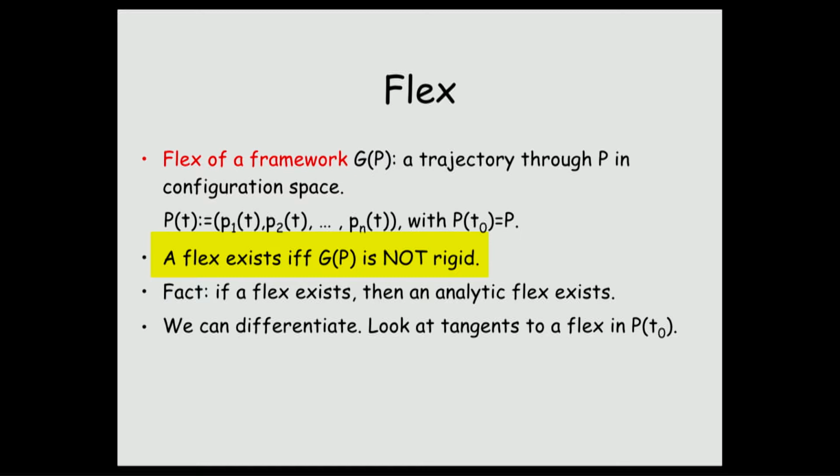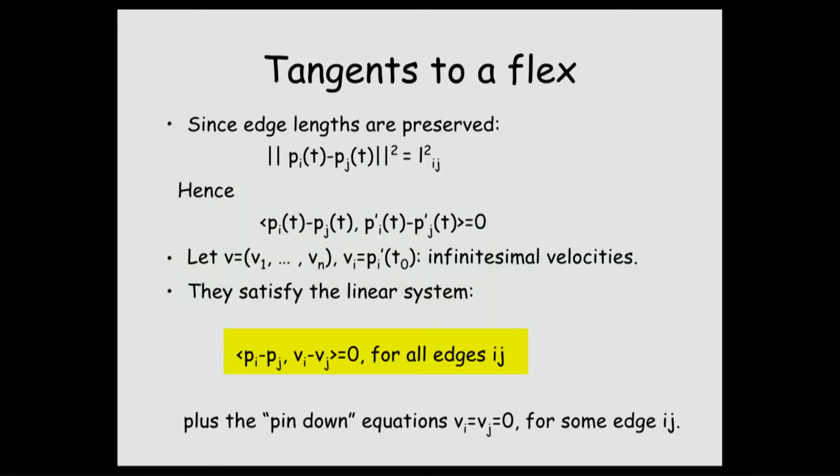So it's something you can parameterize by time, so that at time t0, you have your particular configuration. And the flex exists if and only if the graph is not rigid, and it's known, because we are sitting on an algebraic variety, that if a flex exists, then an analytic flex exists, meaning that we can differentiate, so we can look at tangents. We can use linear algebra.